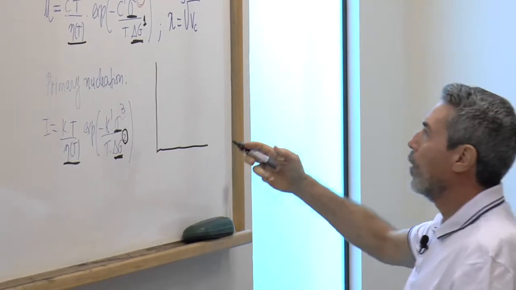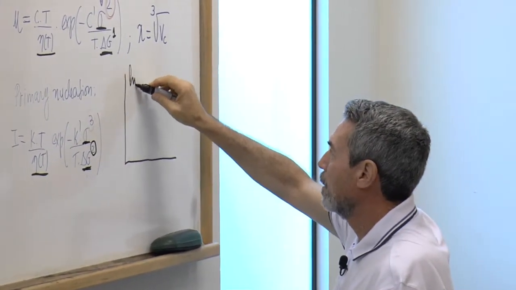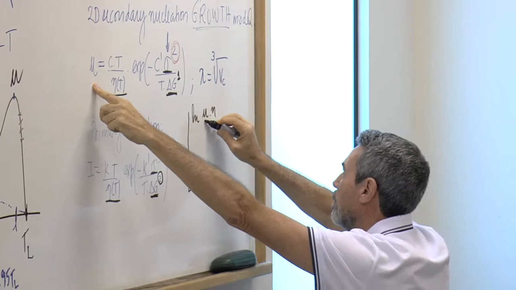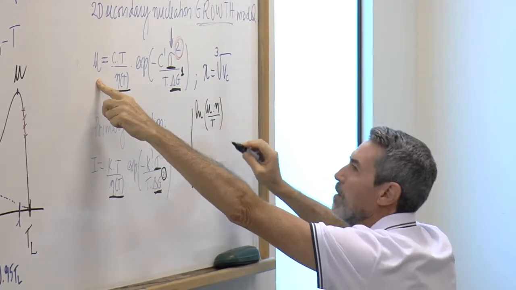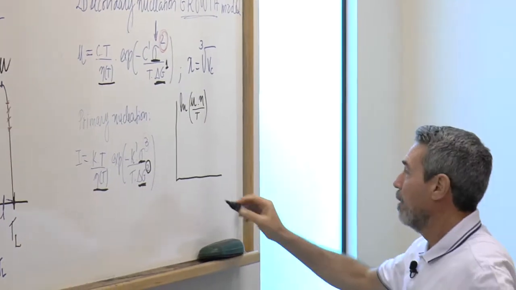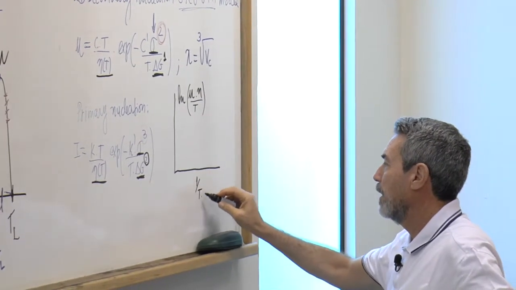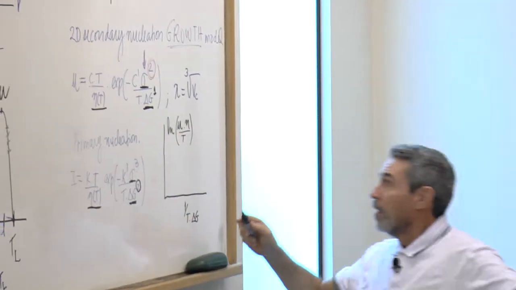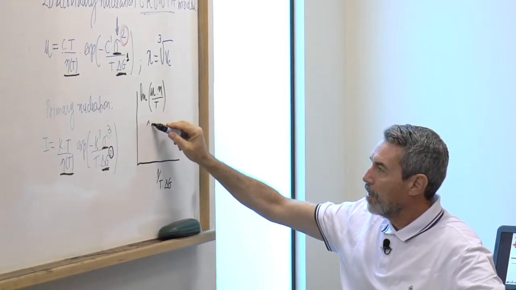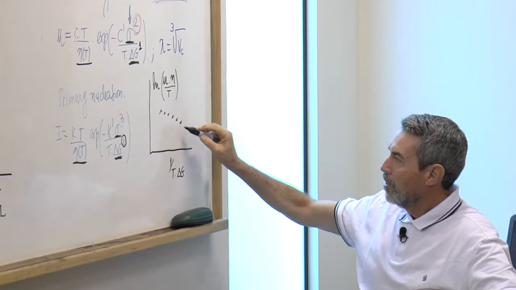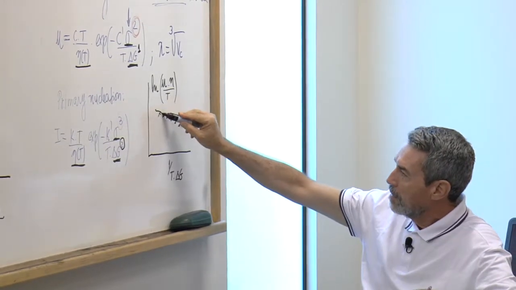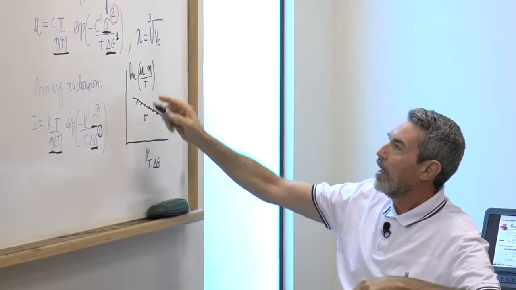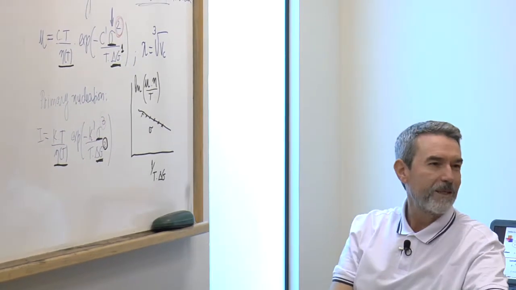You plot log of U times eta divided by T versus 1 over T delta G. And then if things work okay, you have a plot like this. And from the straight line, you get the value of sigma, if you get the straight line.